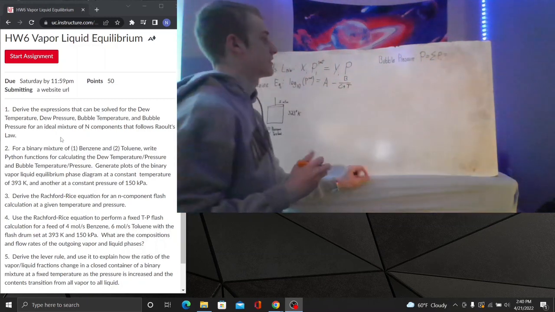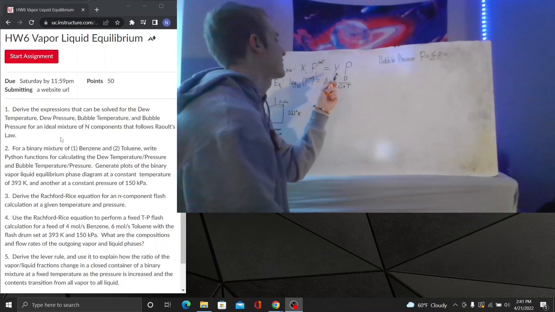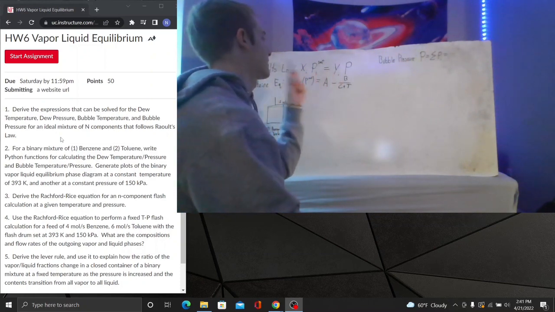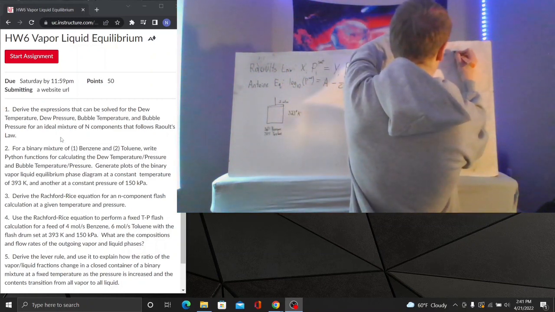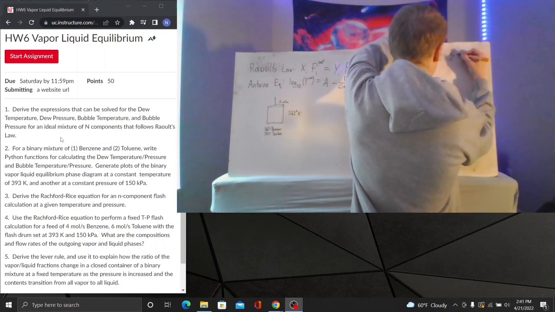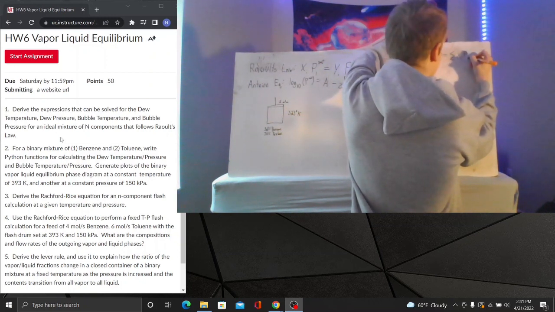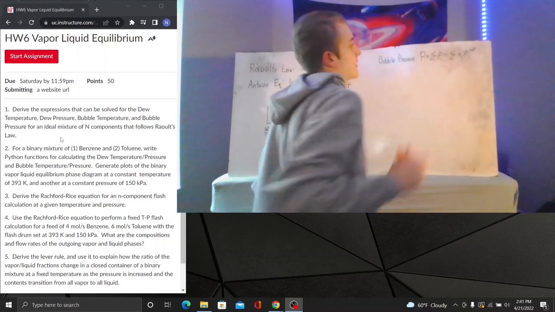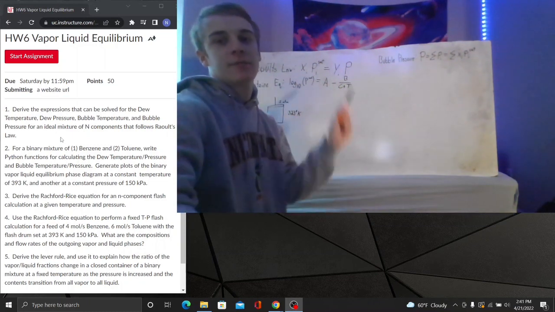And then again, as I just said, the partial pressure is just equal to the right-hand side of this equation. So that means that we can substitute in the left-hand side for this partial pressure. So it'll be the sum of mole fraction times the pure saturation vapor pressure, and this is the mole fraction in the liquid phase. So now we have an equation for our bubble pressure.